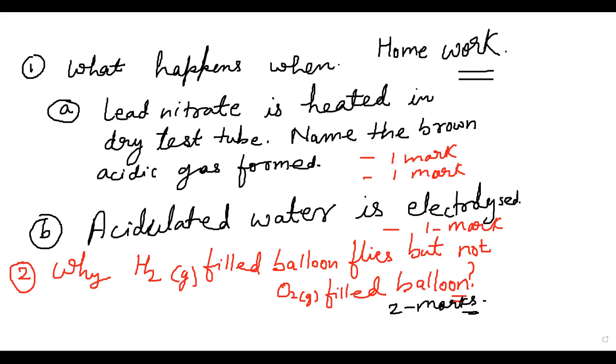So that the molecule breaks into two parts. Otherwise, the molecule will not ionize. Ionize means it will not break into H plus ion and O2 minus ion. So to break it into H plus ion and O2 minus ion, we treat it with acid.